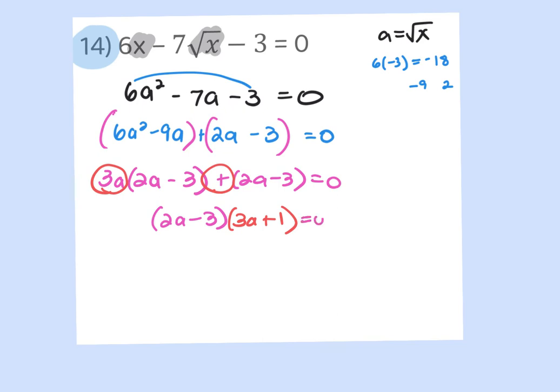Then I split and solve it, set it equal to 0 and equal to 0. 2a equals 3, divide by 2, and a equals 3/2. 3a equals -1, divide by 3, and a equals -1/3.